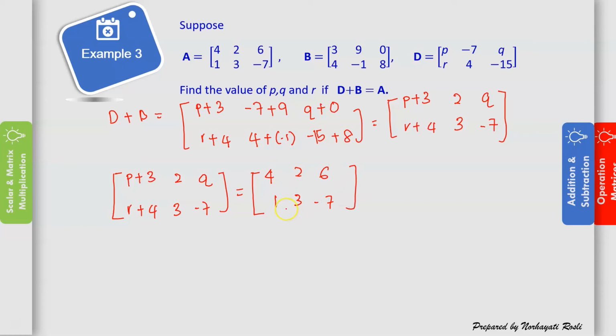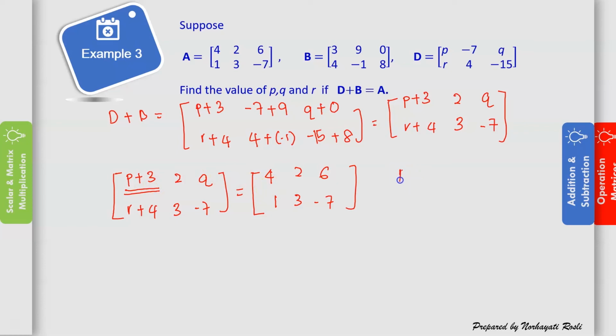You have learned about equal matrices in review matrix part 1. So in this case, equal matrices means that the elements and also the dimension are the same. Here, the element for the first column and the first row is the same as the first element of A matrix.